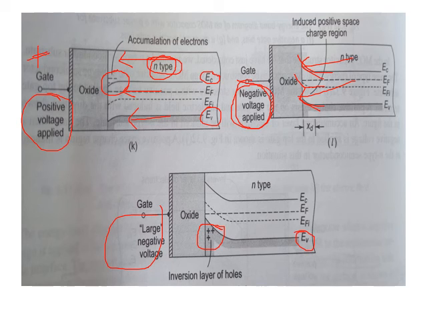So more holes will be attracted. And which band is near the Fermi energy now? It is the valence band. And the more the bending, the more holes will be attracted. Why? Because we are giving a large negative voltage. Understood?